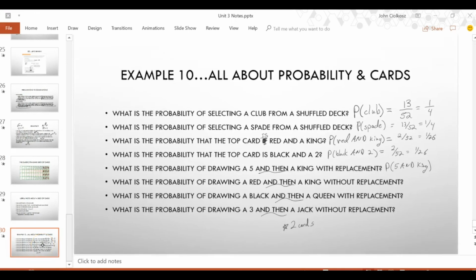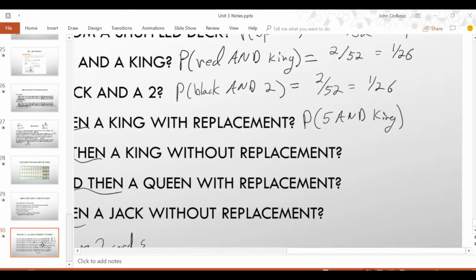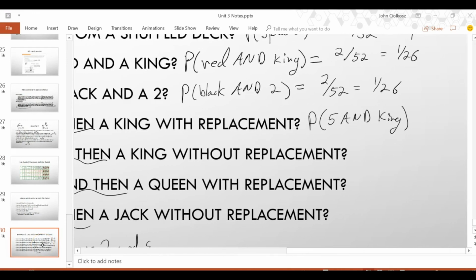So the probability of drawing a 5 is going to be 4 out of 52. You could reduce that if you want to. You don't have to yet. And now it says with replacement. So and means multiply, right? Now I'm pulling my second card here. How many cards are going to be in the deck if I replace it? 52.